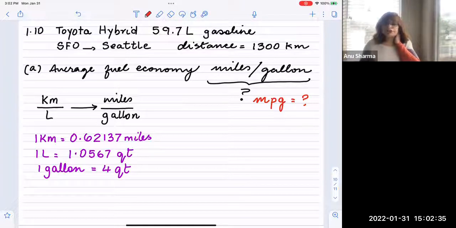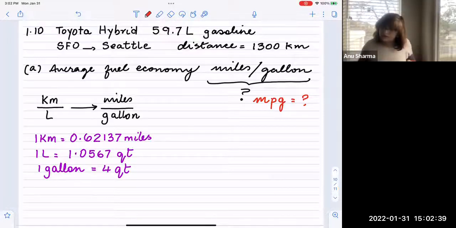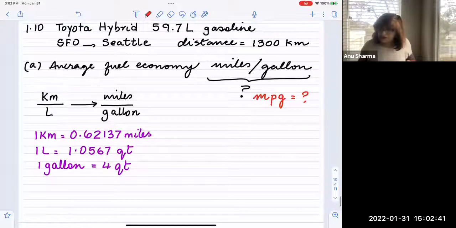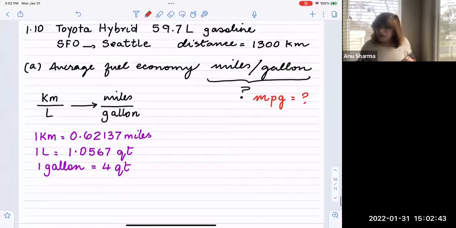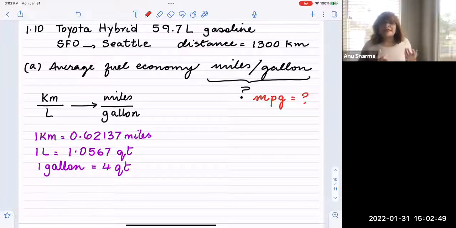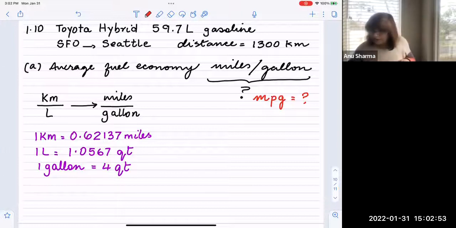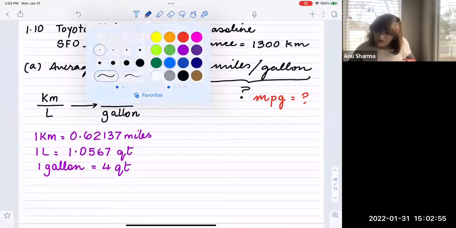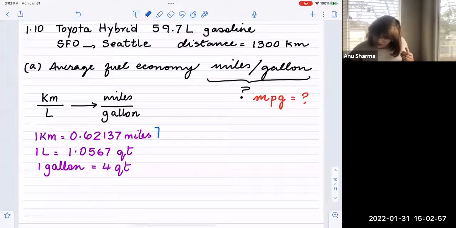So what is the efficiency of this vehicle in miles per gallon? Remember, different units are used in different countries. So we are trying to see how many kilometers per liter of gasoline will translate into miles per gallon in another country. Okay, so here we are given these equalities.